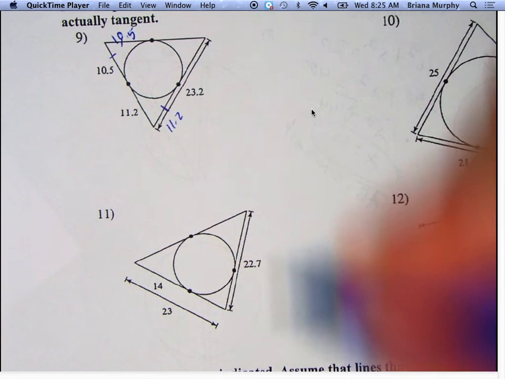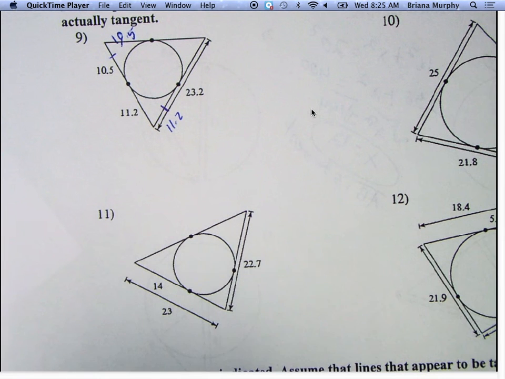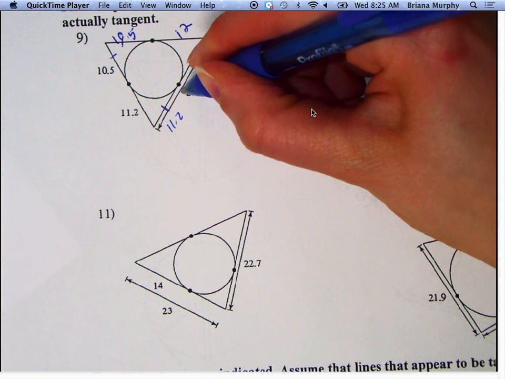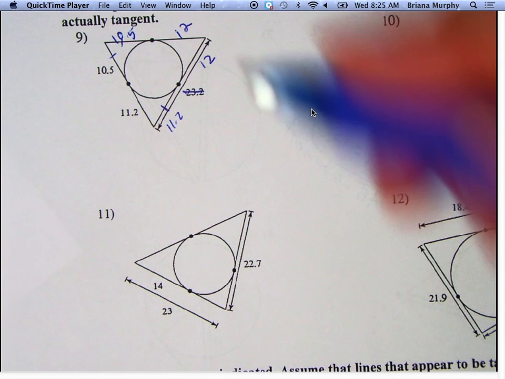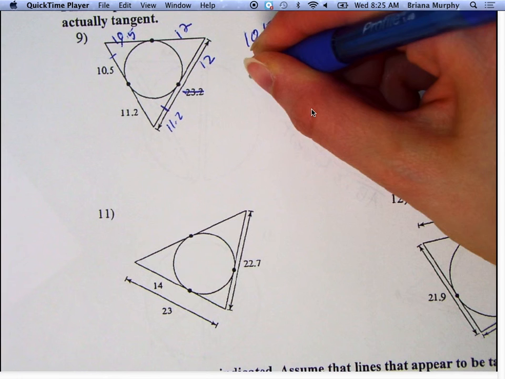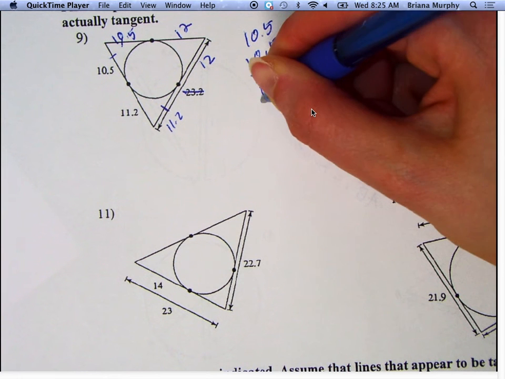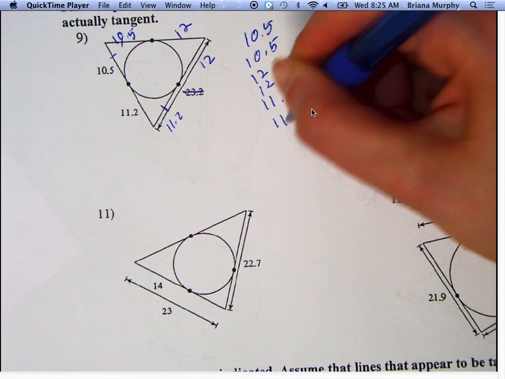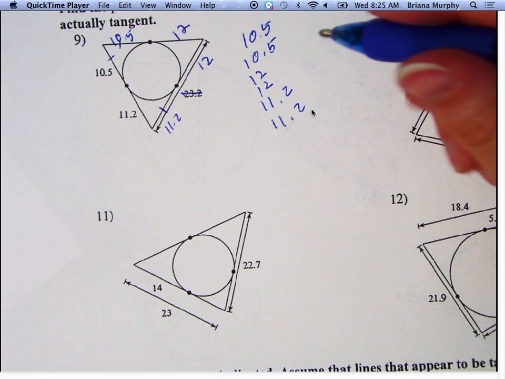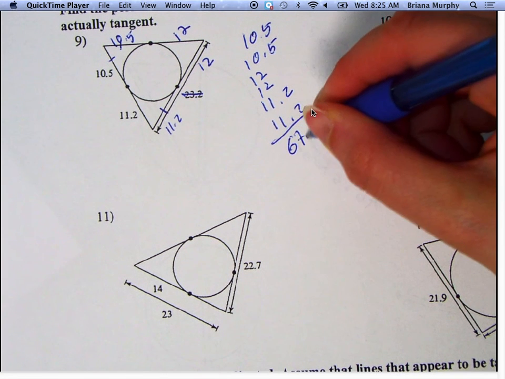So what's 23.2 minus 11.2? That's 12, so this side has to be 12. Now I'm going to add up all the sides: 10.5 plus 10.5 plus 12 plus 12 plus 11.2 plus 11.2. And I get 67.4 is my perimeter.